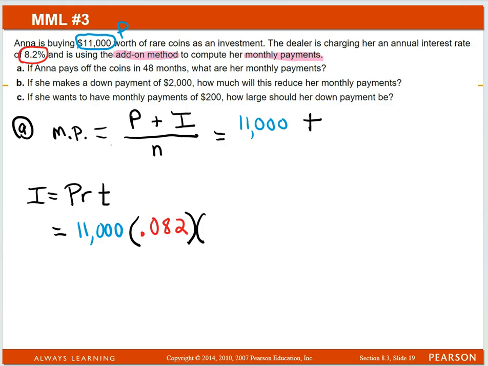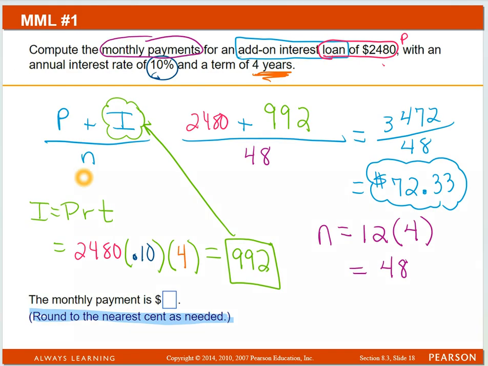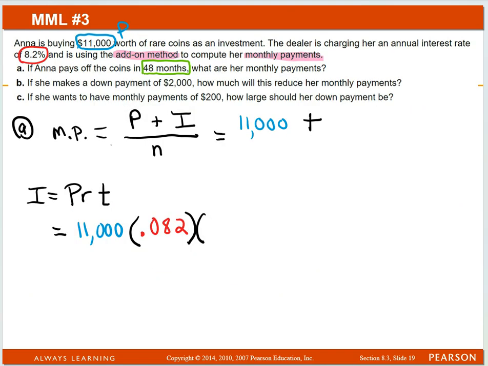In part A, it says, if Anna pays off the coins in 48 months. On our previous problem, they gave us a time of 4 years, and so the total number of payments was 12 times 4, because you make a payment every month, 12 times a year for 4 years, and that's 48. Well, on this problem, they told us that N was 48.